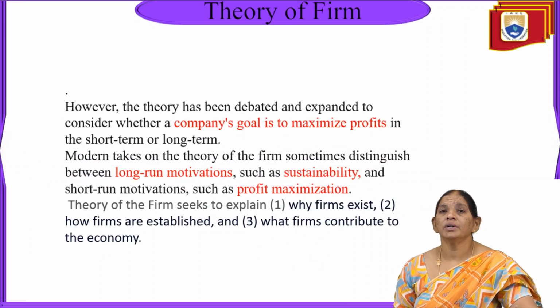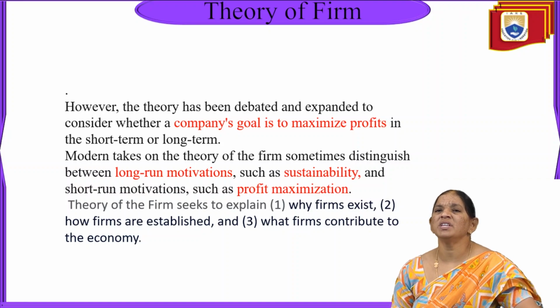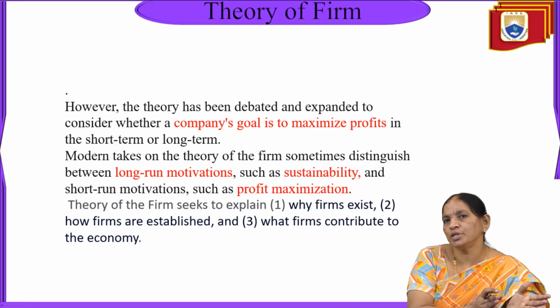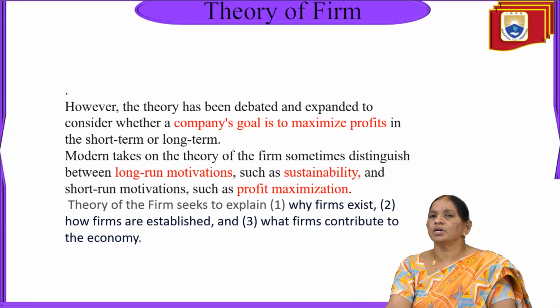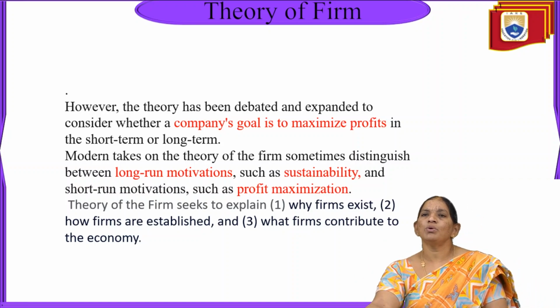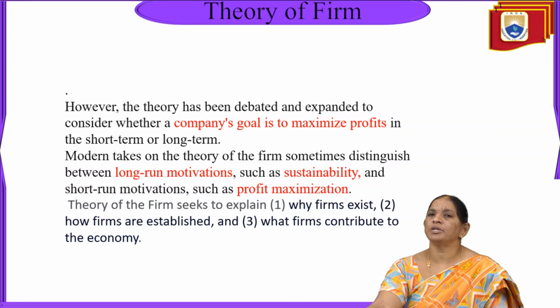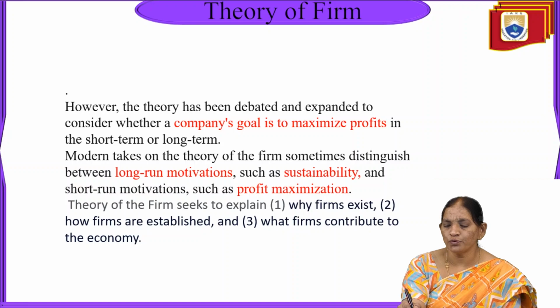However, this theory of the firm has always been debated, expanding with the company's goals of maximization, short term, long term, and the company's perspective and also the consumer perspective. So they want to say that the theory of the firm always depends on the maximization of profits.